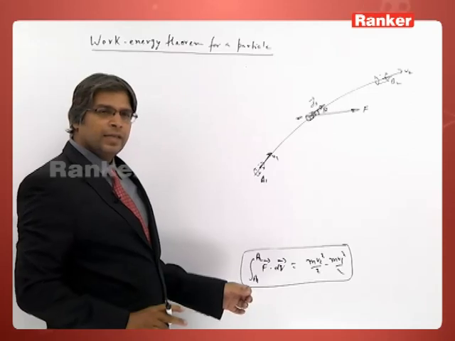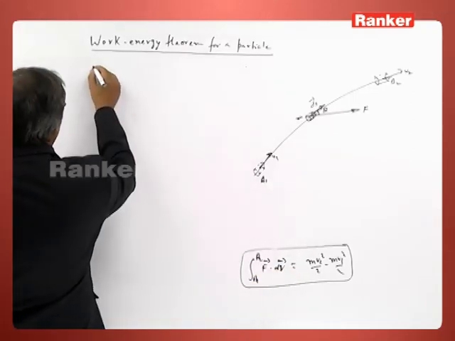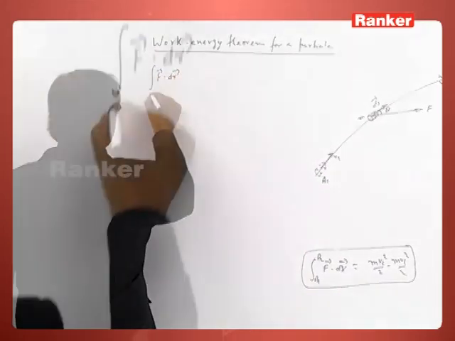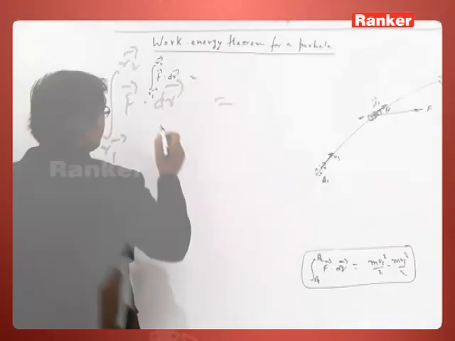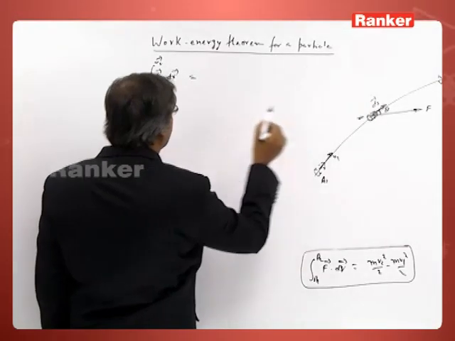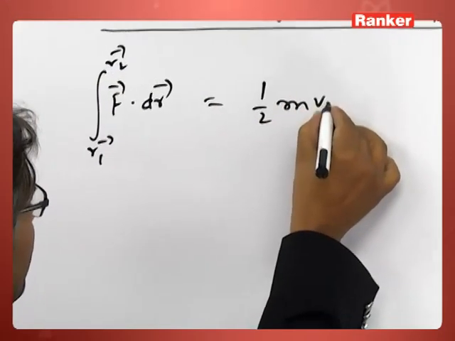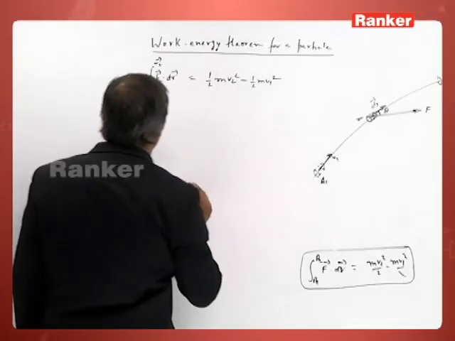Now let us rewrite this equation in a general form. I can write the integral of F dot dr from position R1 to R2, where R1 is the position of A1 and R2 is the position of A2, equal to half m V2 square minus half m V1 square.